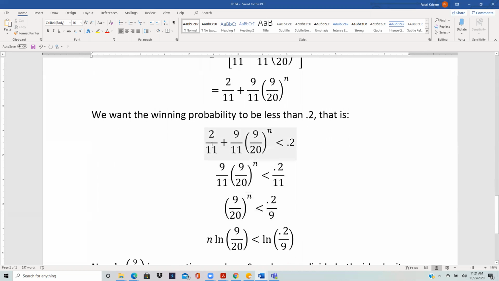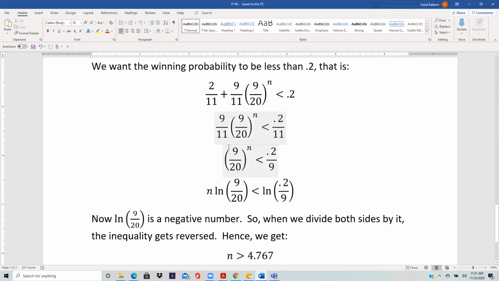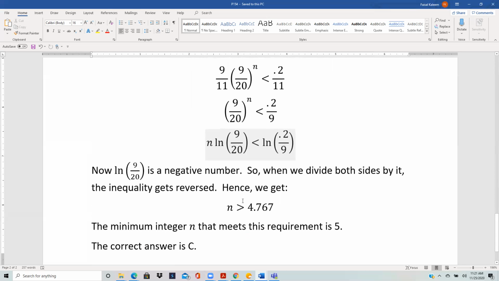Now this 2 over 11 gets subtracted on this side, and 0.2 minus 2 over 11 equals 0.2 over 11. And then the 11 can be multiplied out on both sides, and the 9 gets divided here, so you get this. And then you take ln of both sides. The important thing to note here is that ln of 9 over 20 is a negative number.